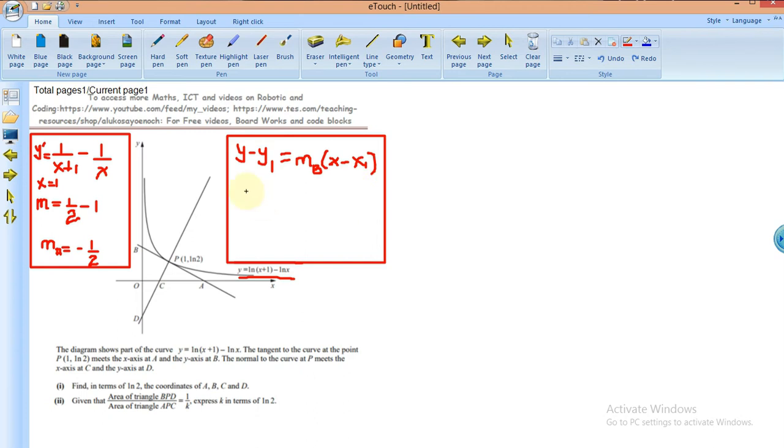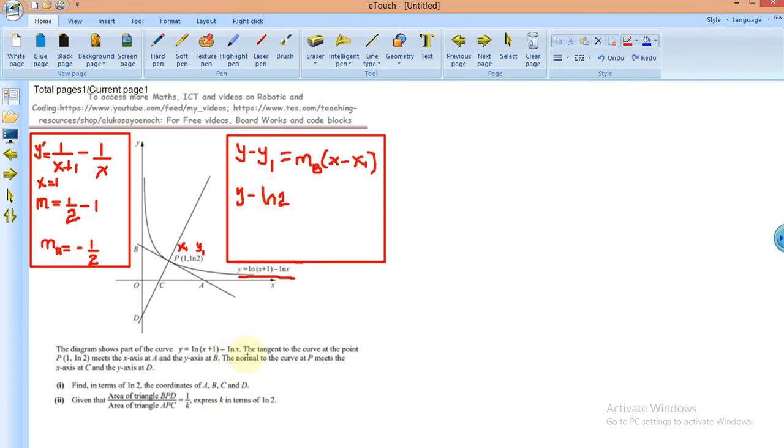Now I have y minus y1. My x1 and y1 here, you can label this: this is my x1 and this is my y1, so 1 and ln 2. So y minus ln 2. Now since this is a tangent, it means it's parallel, so mA equals mB.